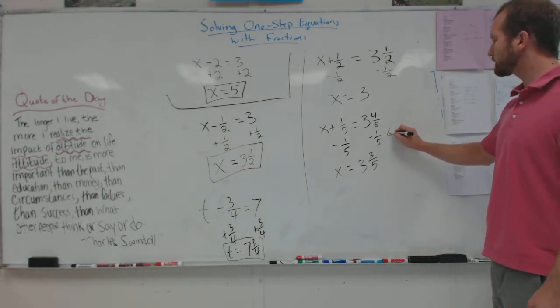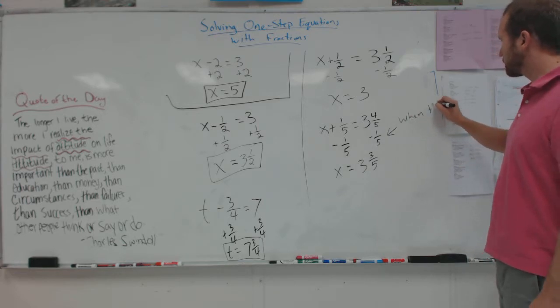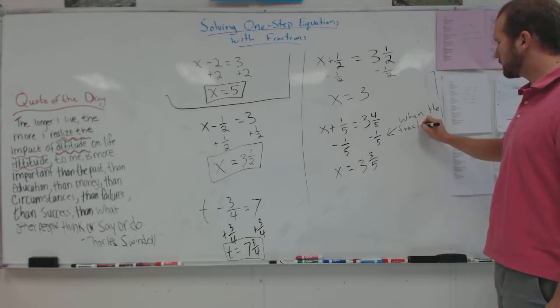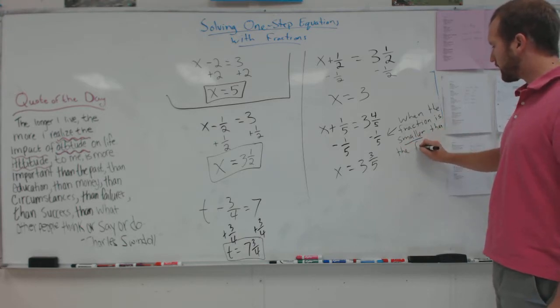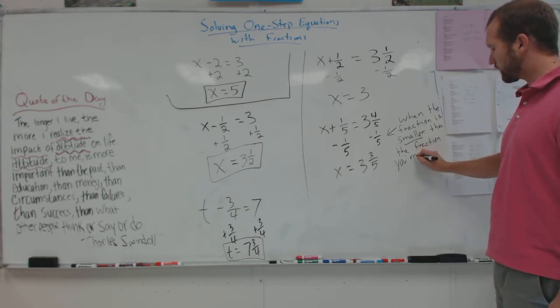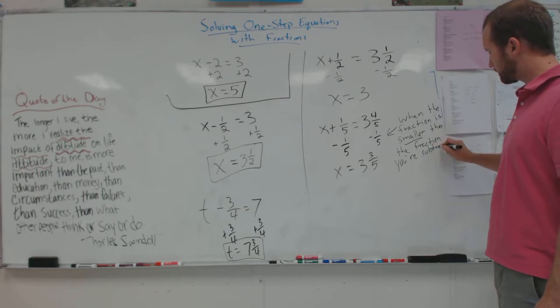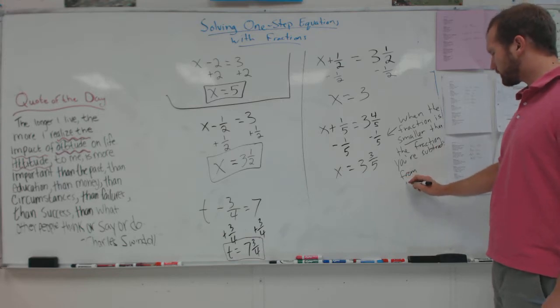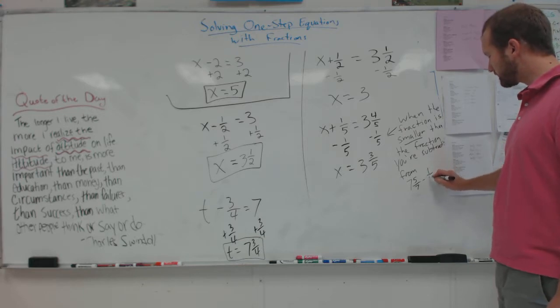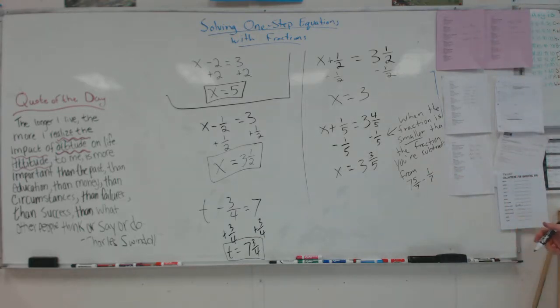So what's important here is your homework is just like this. When the fraction is smaller than the fraction you're subtracting from, right? So 7 5/7 minus 1/7, right?